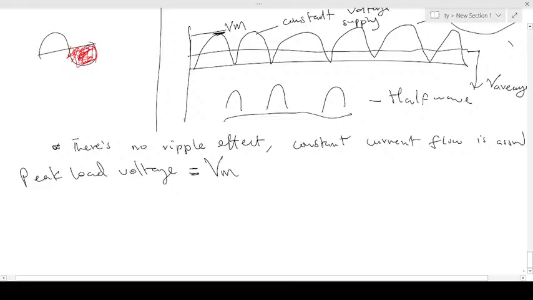So you can see that the half wave completes 1 T and produces half, and then the full wave completes 1 T, and that's twice the output voltage of the half wave. Now let's move into the calculations.